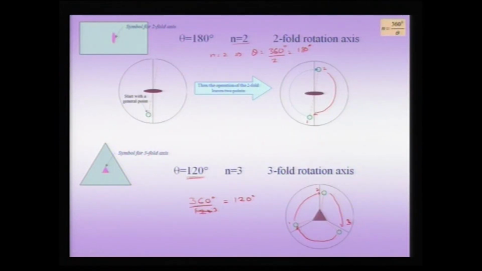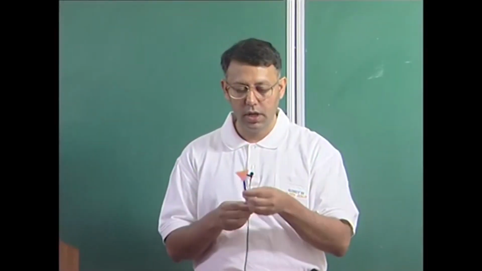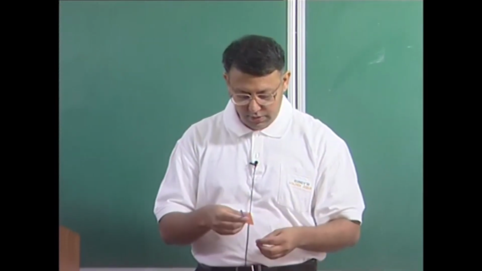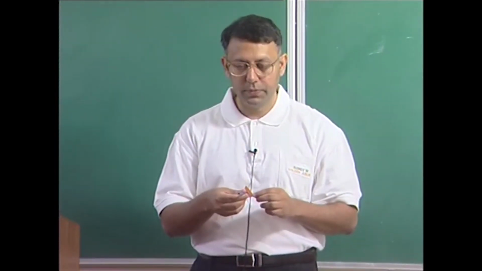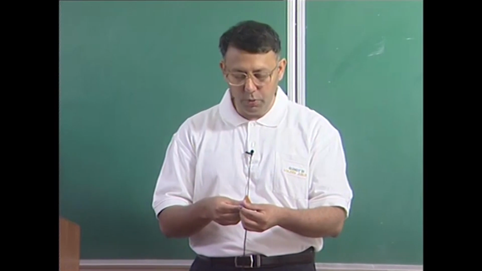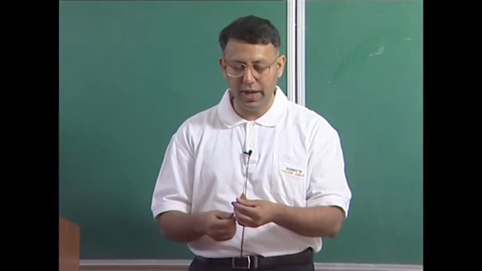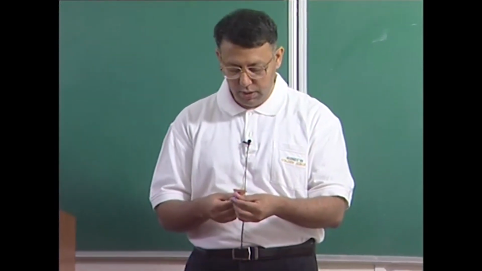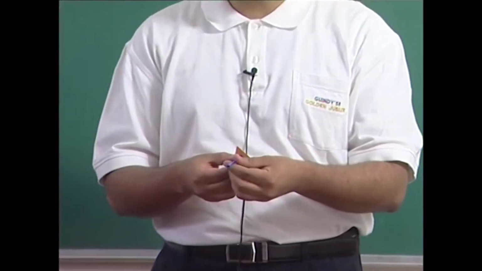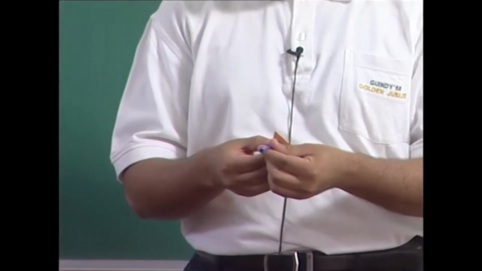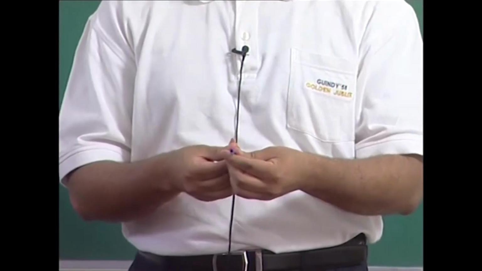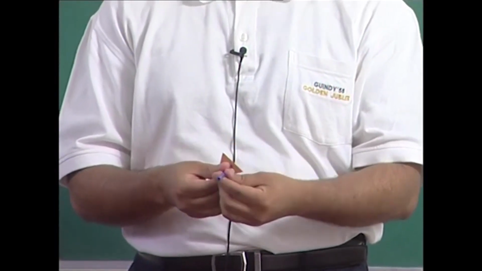And to show this, I have a model here. Here I have an axis which is a three-fold rotation axis, and it is at the center of a triangle. Suppose this is a three-fold axis and it operates on this object, then it gives a triangle which is indistinguishable from the triangle before. It operates again, and it produces a triangle in identical orientation.